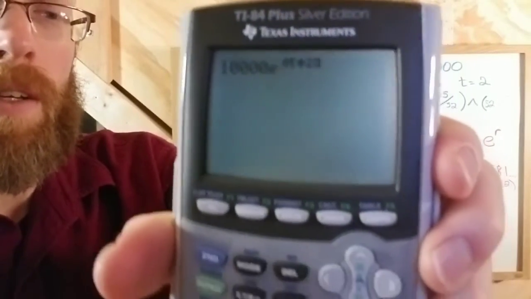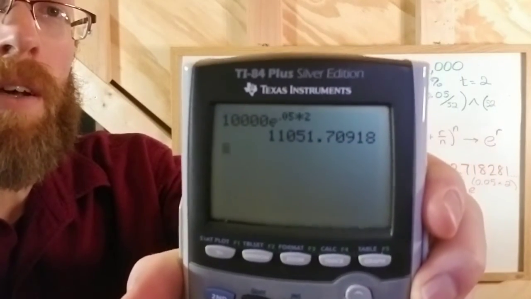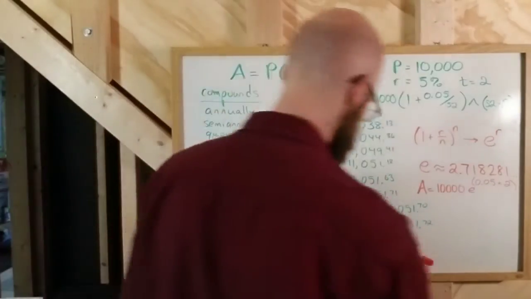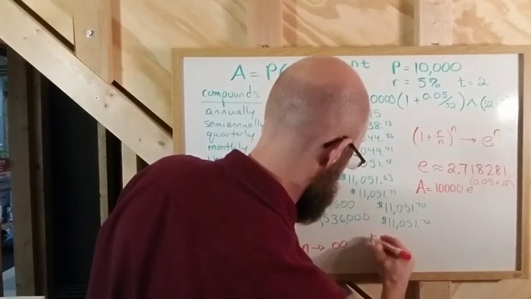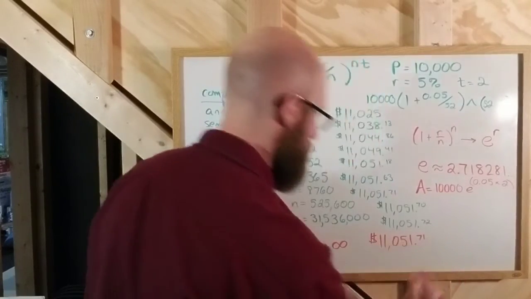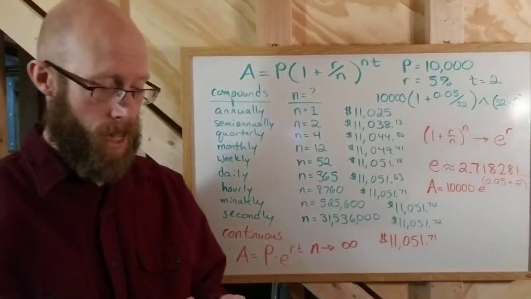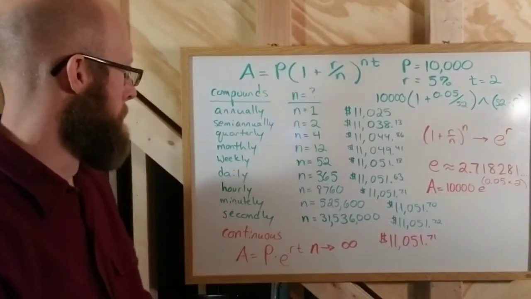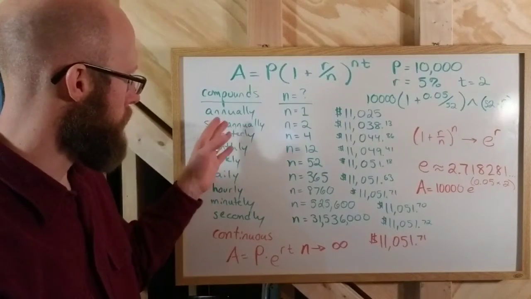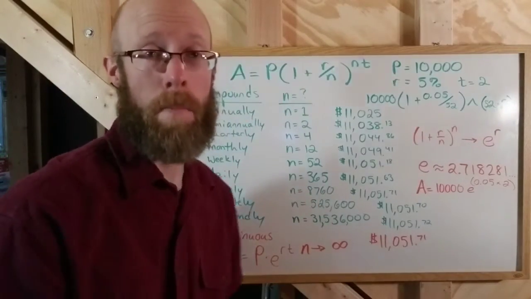Then you hit enter and it's about $11,051.71. Alright, and so that's the maximum that you can get by changing the n value or by increasing the number of compounds per year.